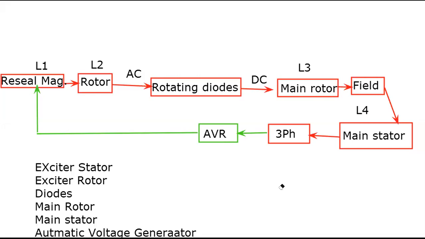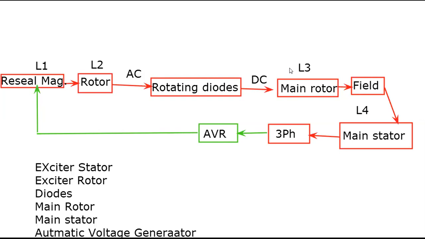For that, I will attach one file to your group, especially for troubleshooting and how to test all these elements. You can find this file now. So these six are the problems that you can encounter in generators.